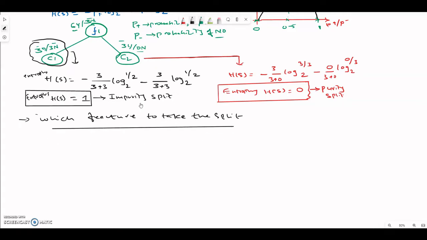Now let us say I have a feature F1 here. It has split into two categories, C1 and C2.